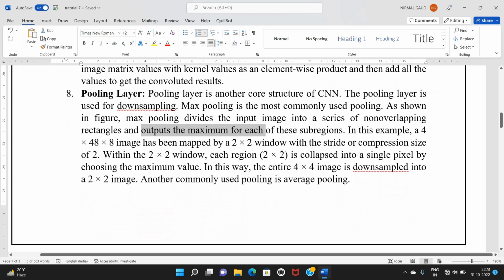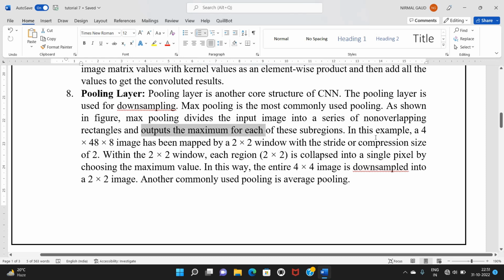What happens in pooling is, as I said, we divide our input image into a series of non-overlapping rectangles and collect the features from each. This feature has been collected, this feature has been collected, and so on; it's a series of feature collections.